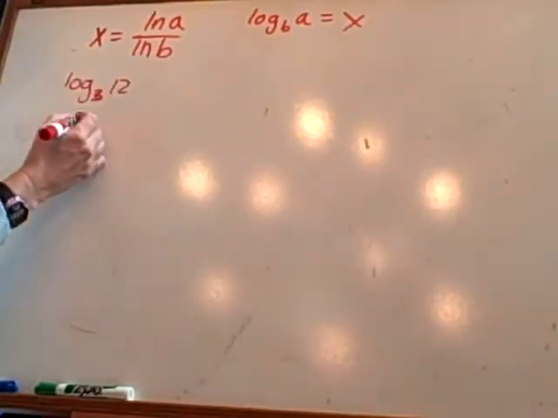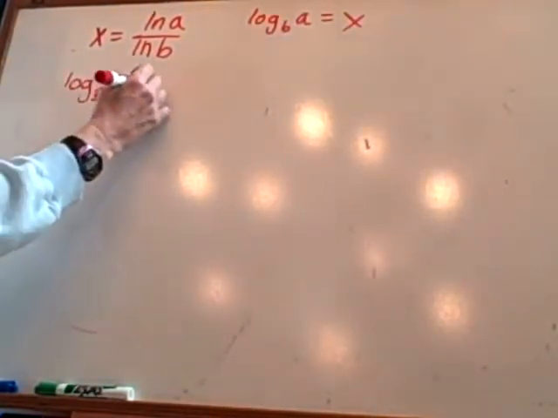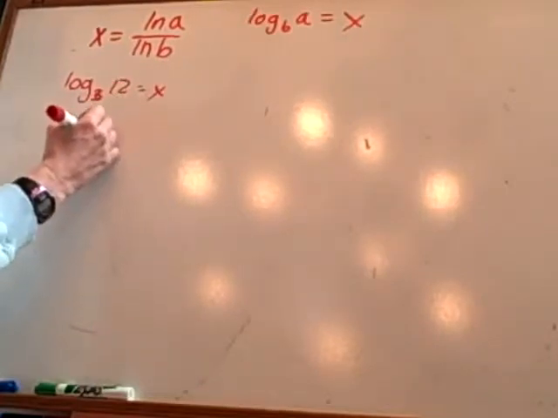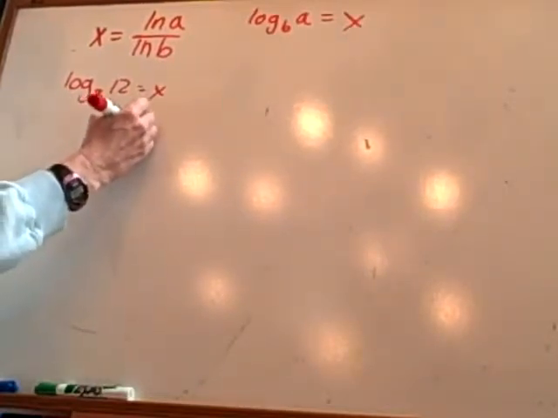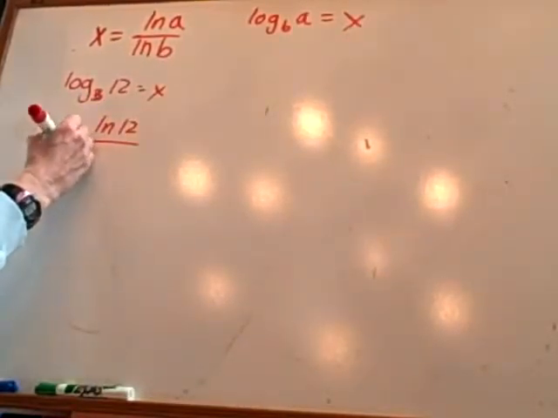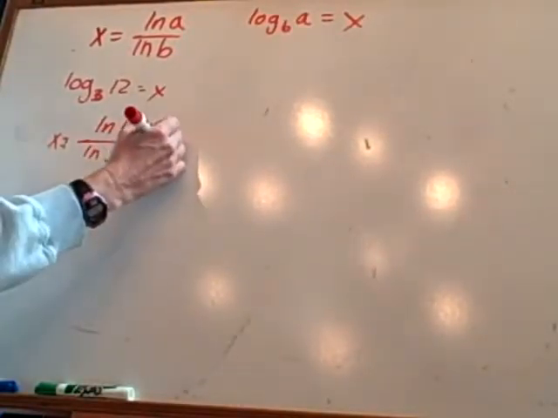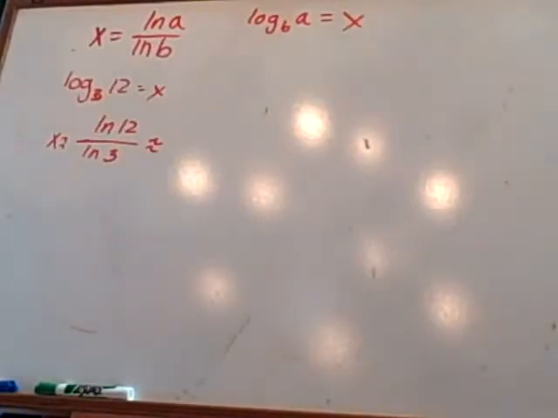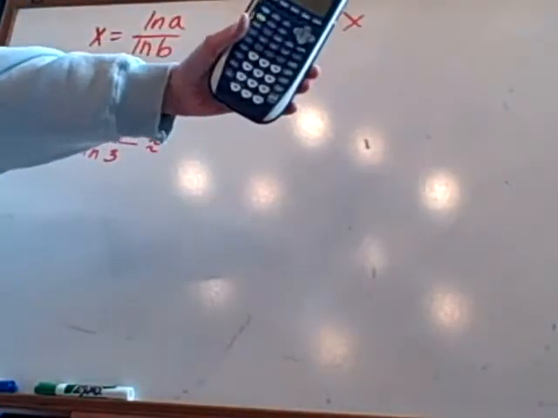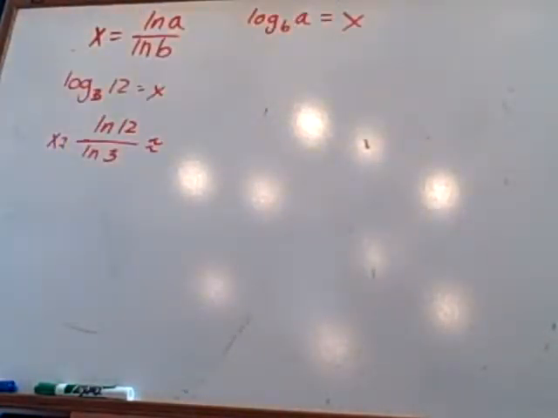Well, what is that? It's going to be the ln of 12 over the ln of 3, and we can type those in our handy dandy calculator. So ln 12 divided by ln 3.